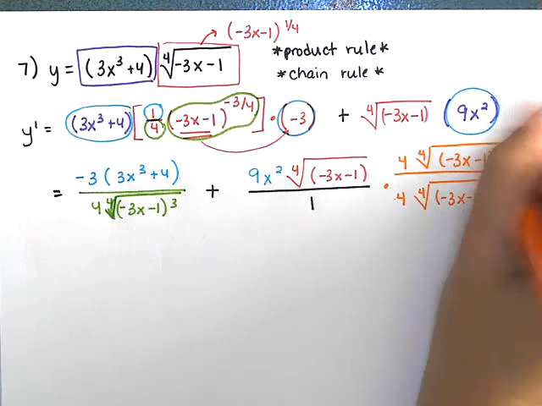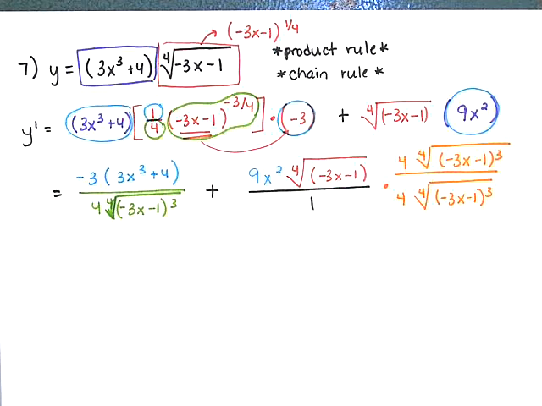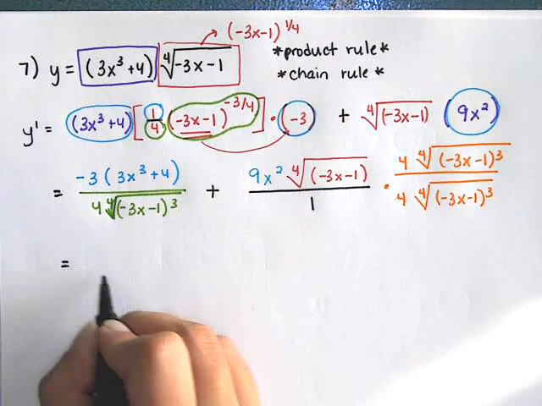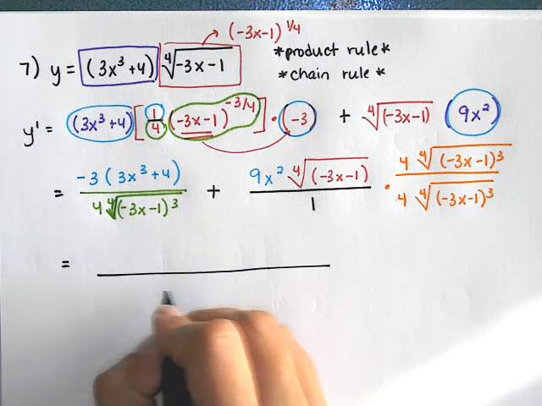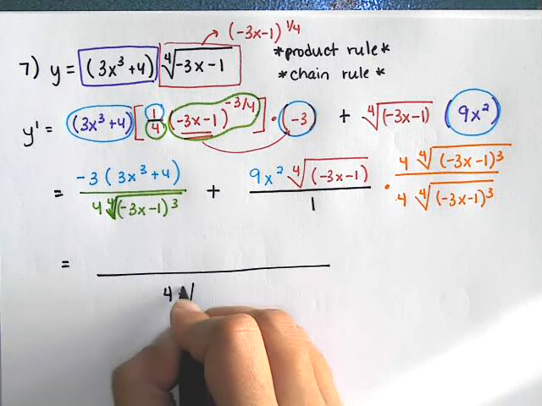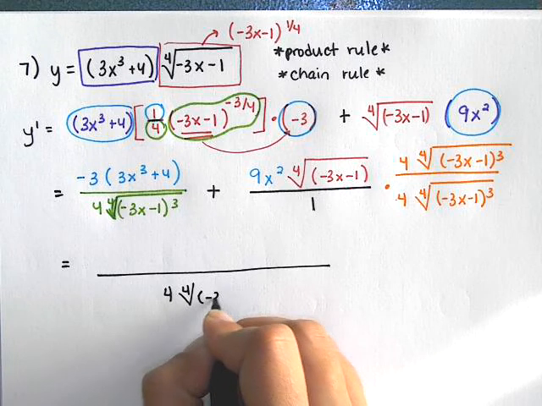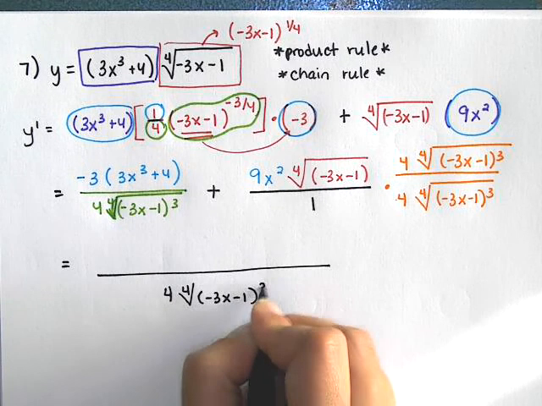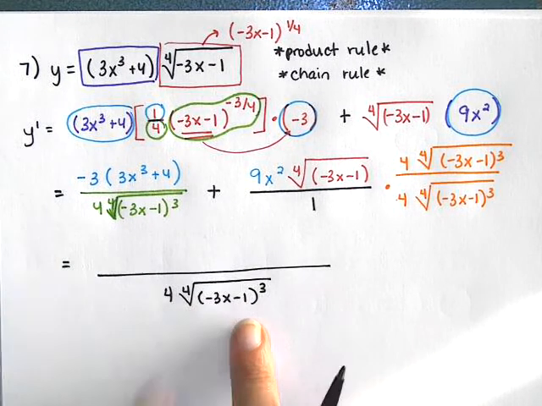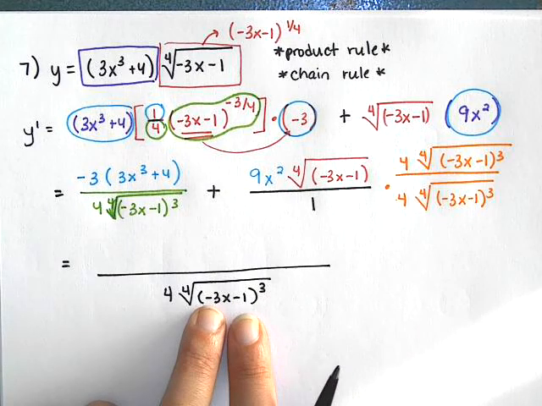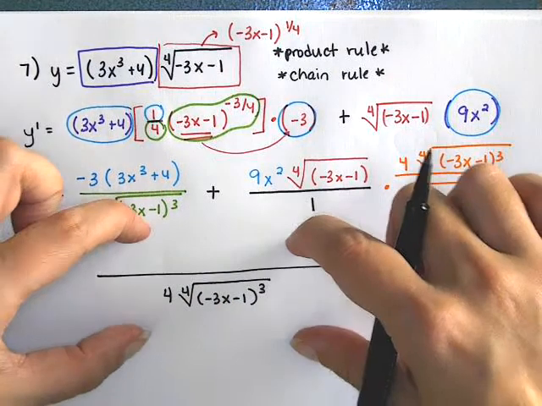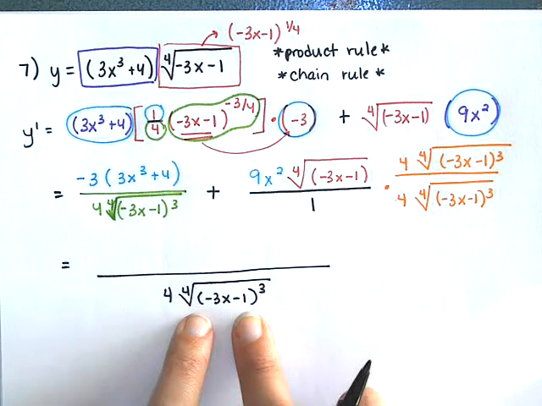Again, I'm making a common denominator. Now, the first fraction already had the denominator that we wanted. So when I combine these, the denominator for both of them is going to be this thing. The whole idea here is that when I combine them, this all becomes one big fraction with this denominator.